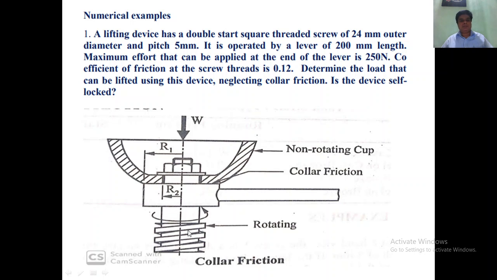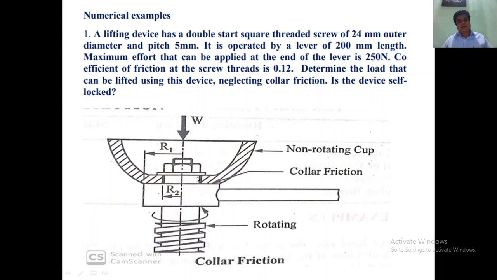the power screws. So we have one solved example here, where this is a screw jack, the upper part of the screw jack. In the screw jack we have this cup, and this is a bearing surface. On this the load has to be carried by the screw rod or the power screw.